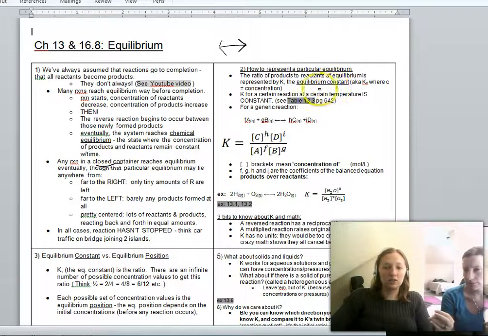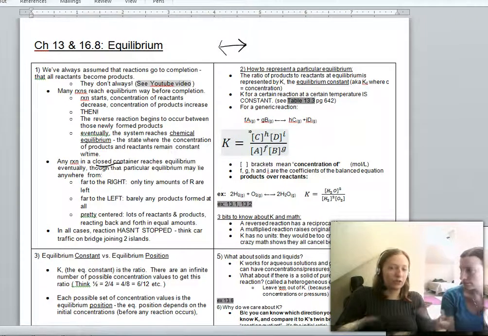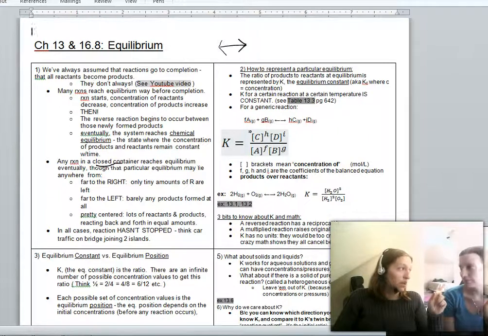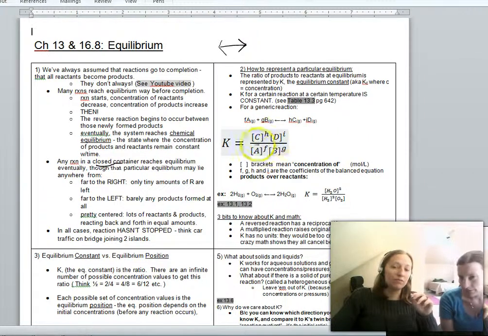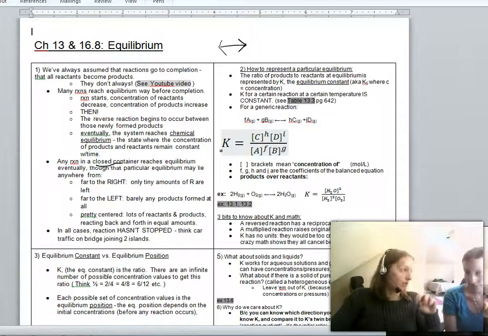And the way that they do that is they will set up this really complicated fraction-y thing. What's cool is that for any reaction at a particular temperature, when you set up this equilibrium expression the way that you're supposed to, you will always end up with the same K, which is the equilibrium constant.